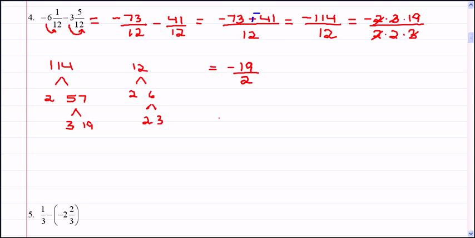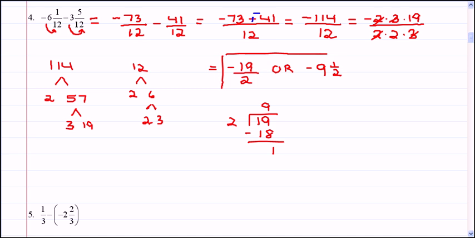And if I convert this into a mixed number, 2 divides into 19 9 times, and when I subtract I have a remainder of 1, so as a mixed number it would be negative 9 and 1/2. So both of these answers are correct.